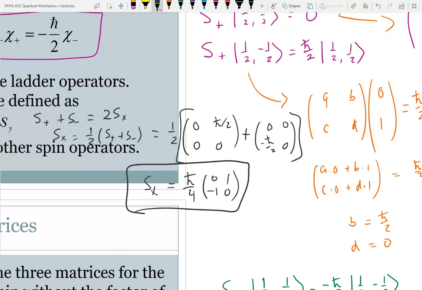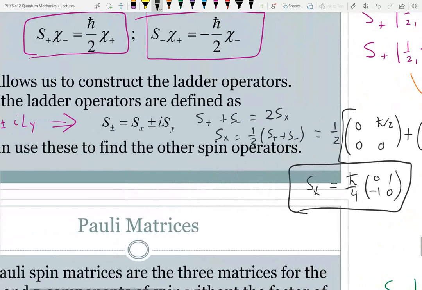How do we find SY? Okay, one way of doing it is by subtracting them. S plus minus S minus is equal to 2i SY.